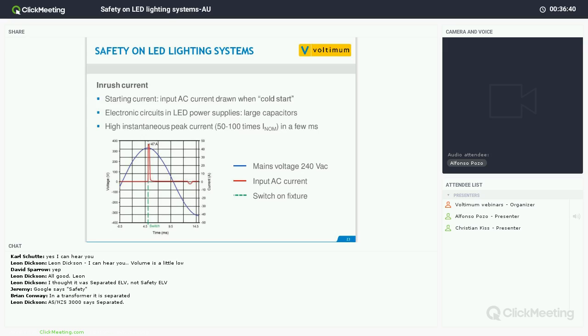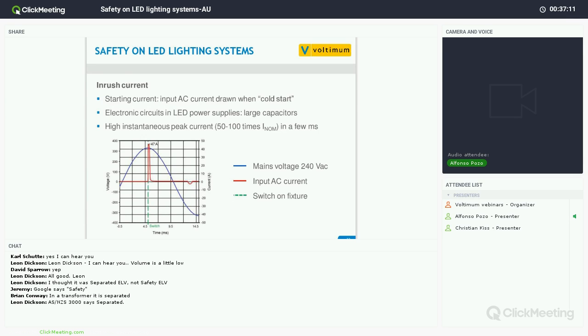It is the maximum amount of instantaneous AC current drawn by an electrical or electronic device, and the best example in this case for us is a power supply or LED driver, LED lighting. This inrush current happens basically when power is first applied, and inrush current is greater than the normal operating current of the equipment.